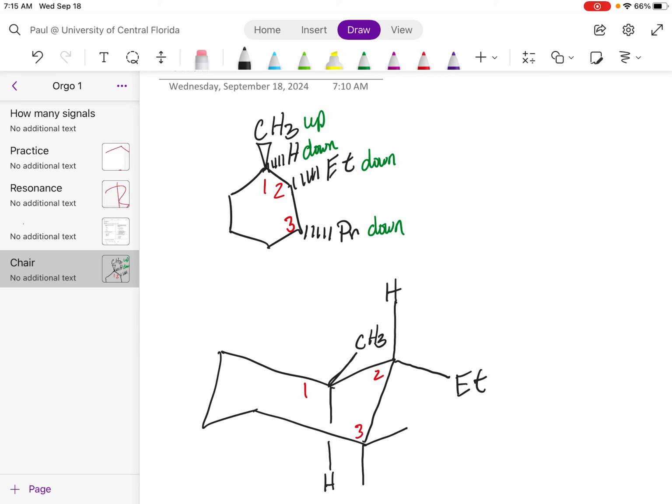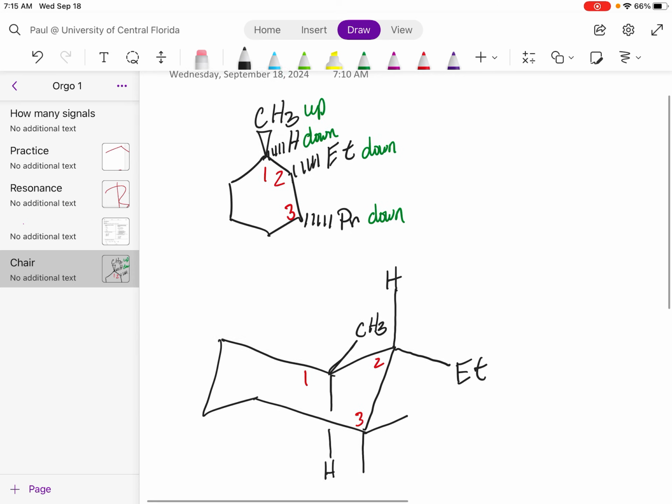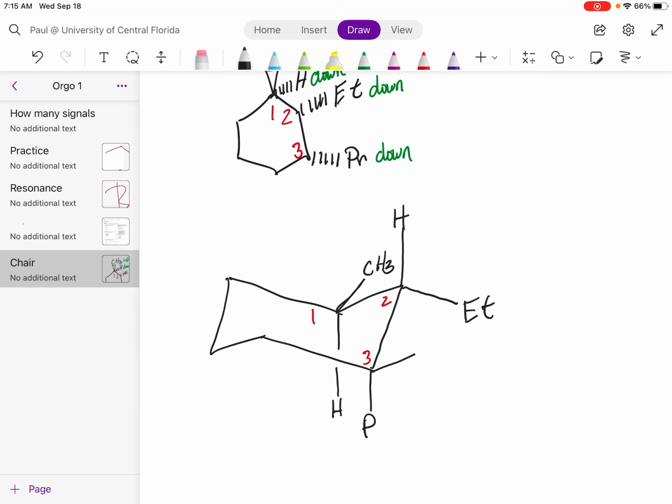And so the propyl group is down. And so our hydrogen that's not shown here, we could draw it now, that is up. And you can see that hydrogen is up with respect to carbon 3 right there. So that's one of the conformations of this chair.